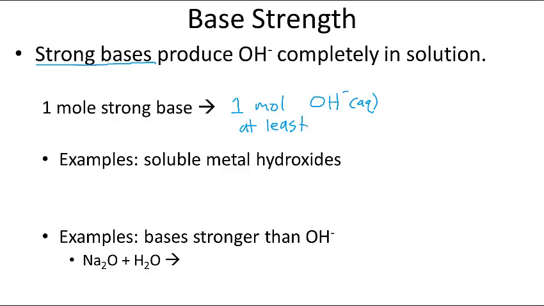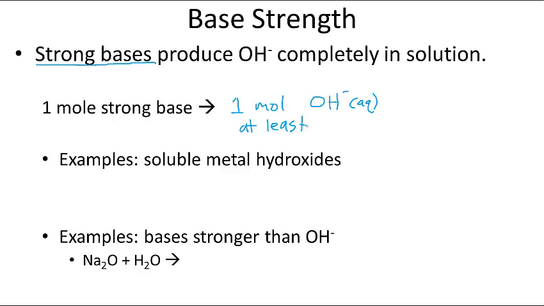Any base that if I add 1 mole of it and I only get half a mole of OH minus, we would consider that a weak base. All right. So, this is similar to what we said about a strong acid. A strong acid, if I dissolve 1 mole of a strong acid and it dissociates completely, I get 1 mole of H plus. Here, if I dissolve 1 mole of a strong base, I get 1 mole of OH minus.